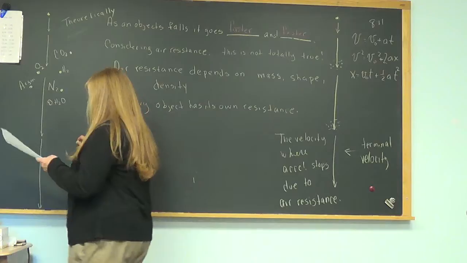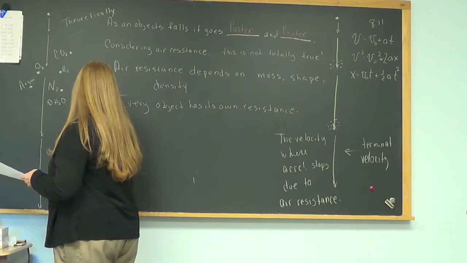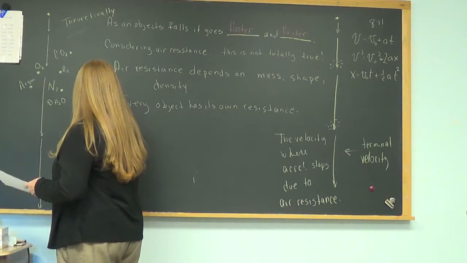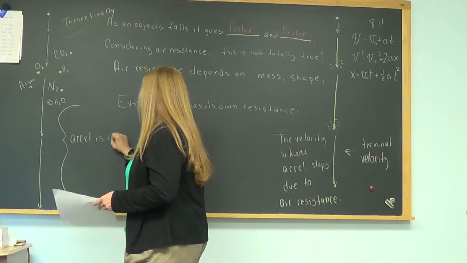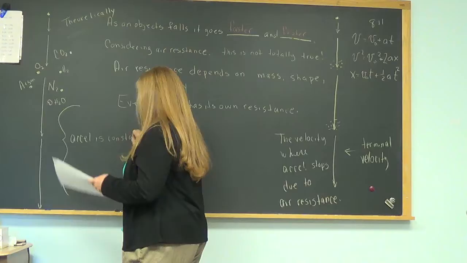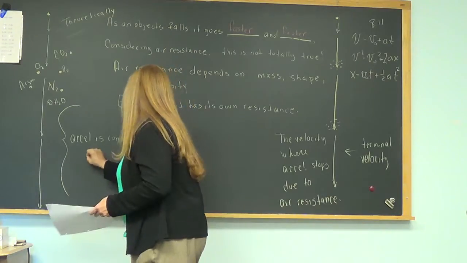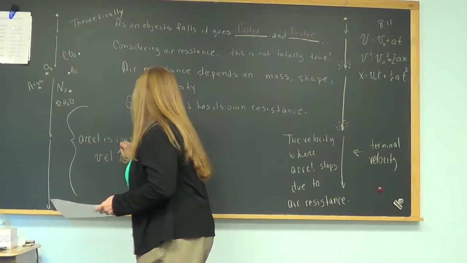Before, we said for a dropped object, the acceleration was constant. So over here, the acceleration is constant. So it's always going faster and faster. So velocity goes up forever.